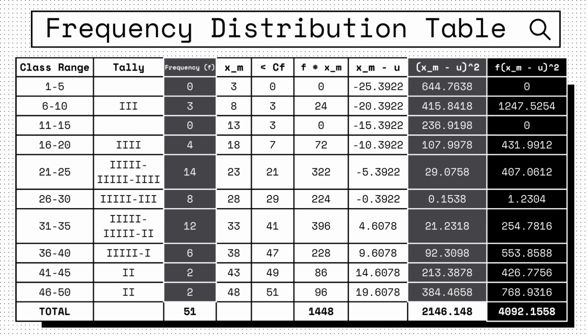For the third one, we have 0 times 236.9198, which is equal to 0. For the fourth one, we have 4 times 107.9978, which is equal to 431.9912.